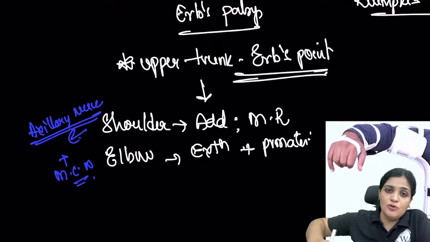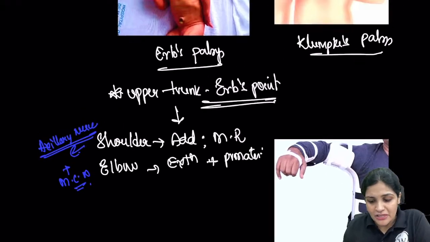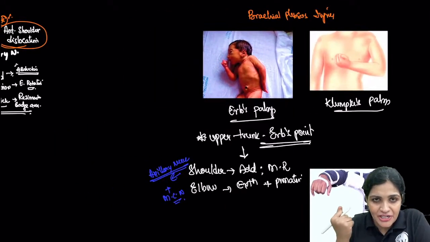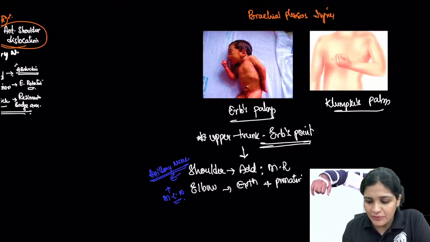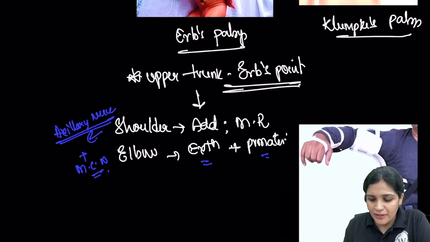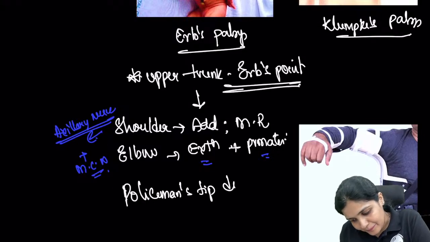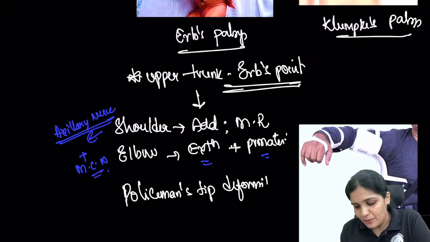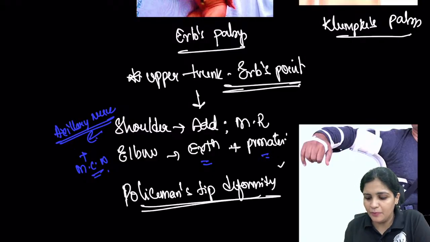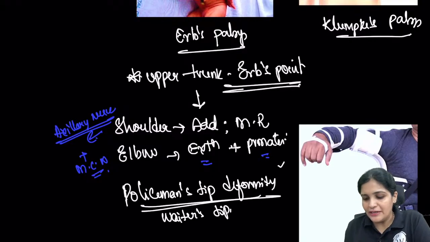So the shoulder goes into adduction and internal rotation, and because of the musculocutaneous nerve, which is responsible for flexion and supination, the limb goes into extension and pronation. This is called the policeman's tip or waiter's tip deformity.